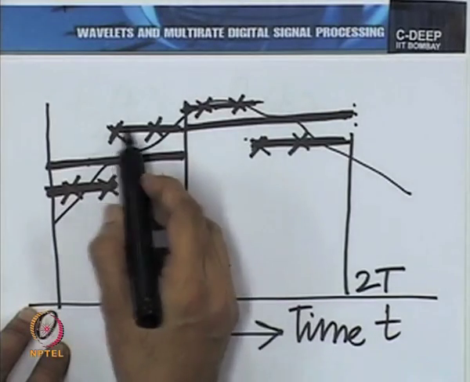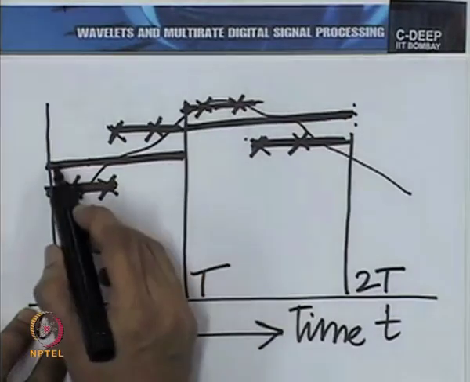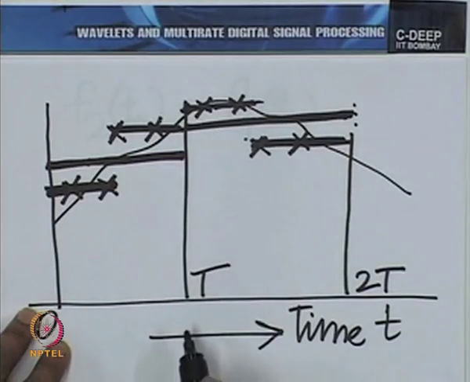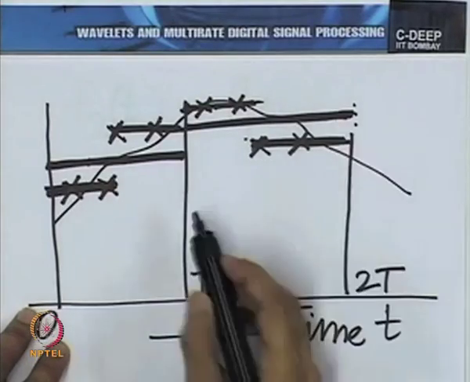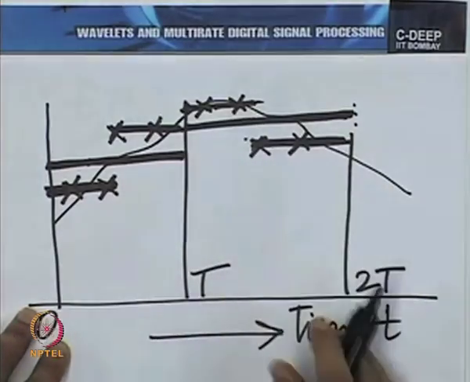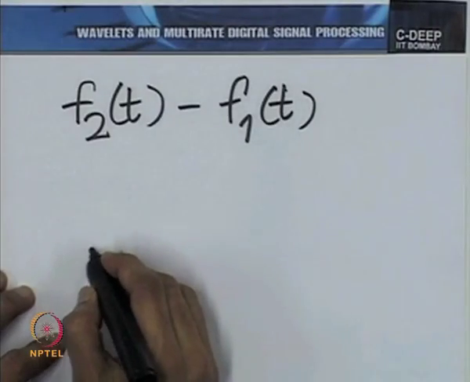This is f2 and this is f1, and visualize subtracting this from this. What would you get? A function that looks something like this.